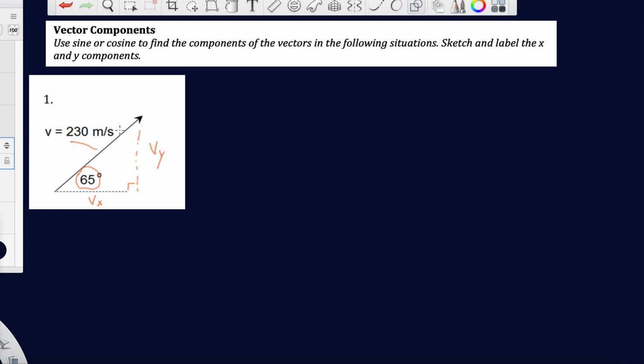And this is our hypotenuse, right? And since we're looking from this point of view over here, this is our opposite side, right?